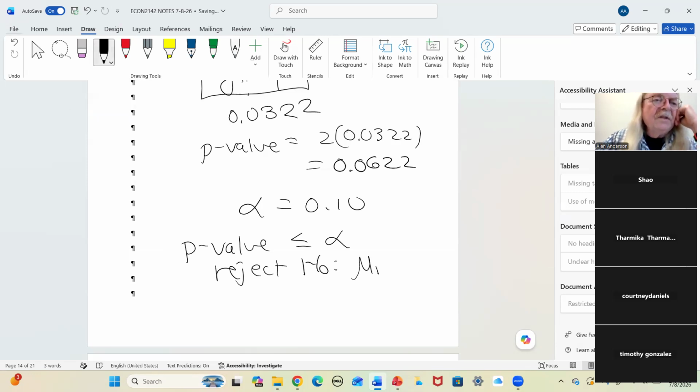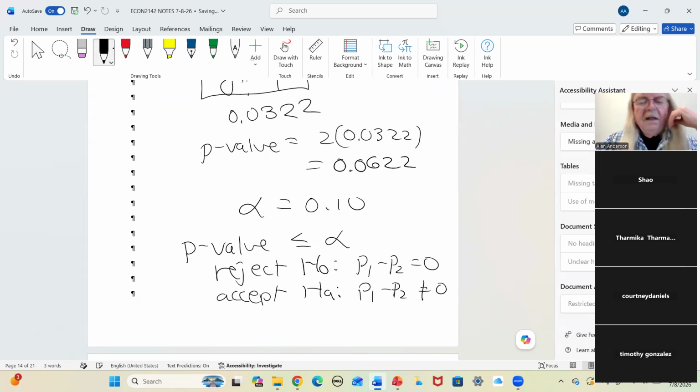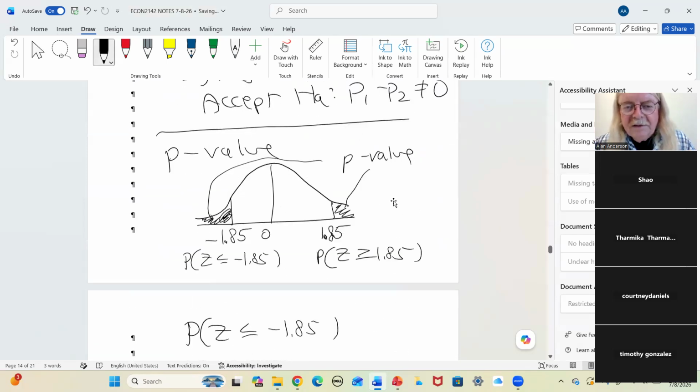Oh, sorry, proportions. What am I doing? And of course, again, as always, they're the same thing, the same result we had up here.